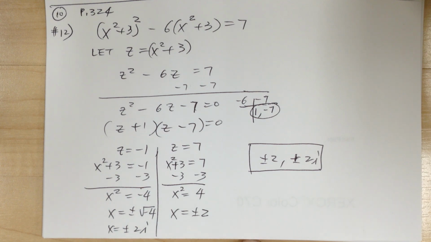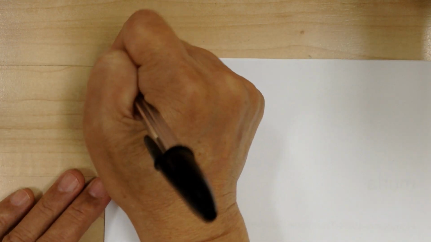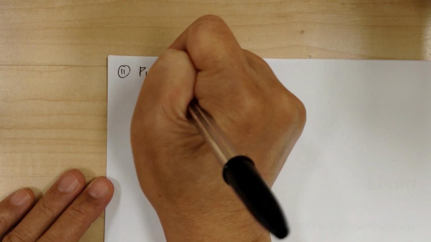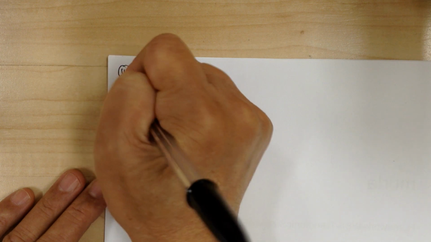Okay, let's go to the next one. Number 11 on the list is from page 332, and let's go and do number 22.